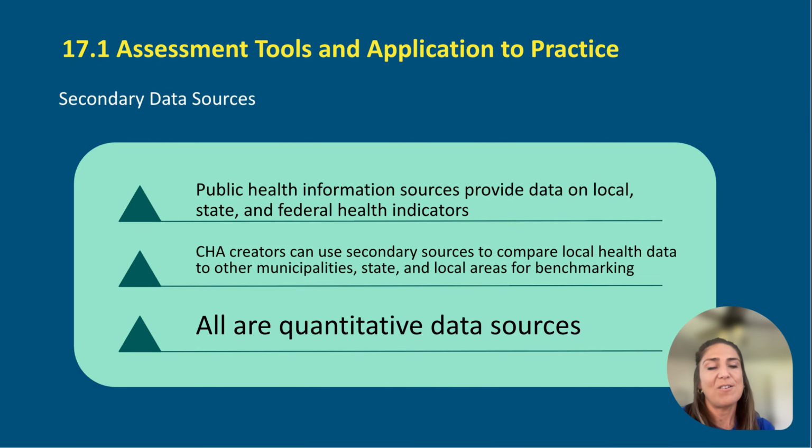This process is called benchmarking, and it helps communities see what they're doing well and where they need to improve. These public health information sources are quantitative data sources, often measurable. They look at indicators such as disease rates, health behaviors, or access to care.